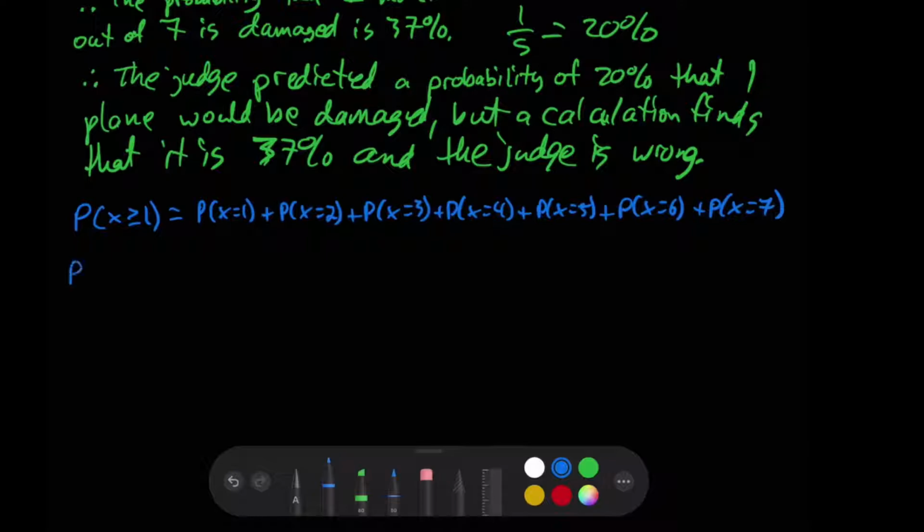We know that the probability that greater than or equal to 1 plane, these are all our successes, where we've defined success as having damage. Is there any way that we can have no planes damaged? Yes. We can have failures where x is less than 1, or in our case, x is equal to 0. And those are going to sum and equal 100%.